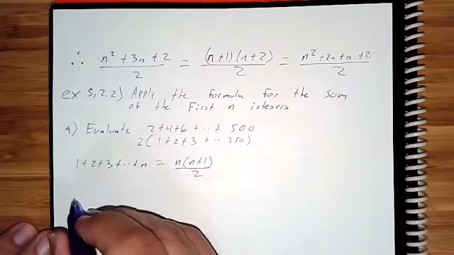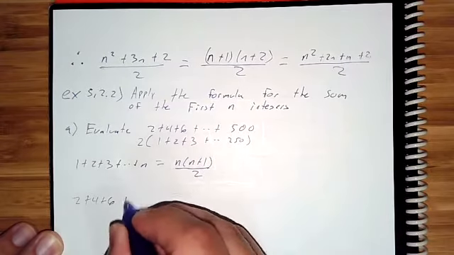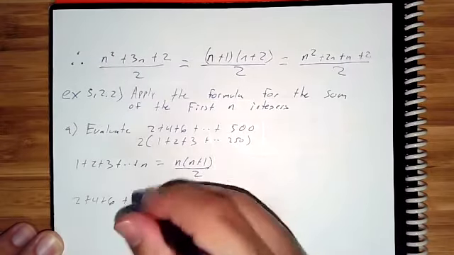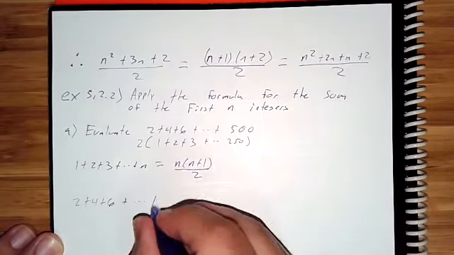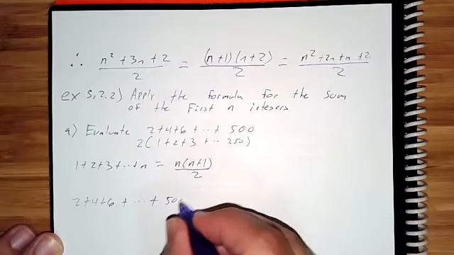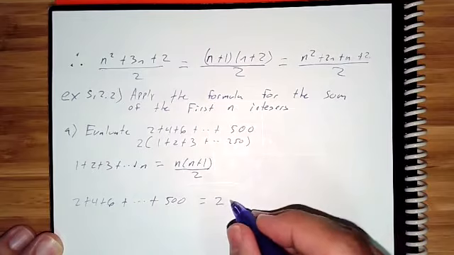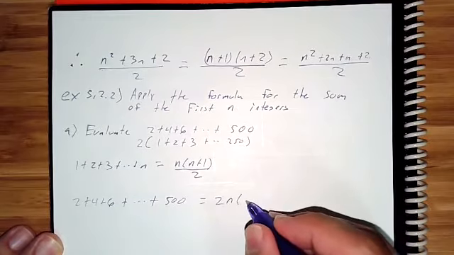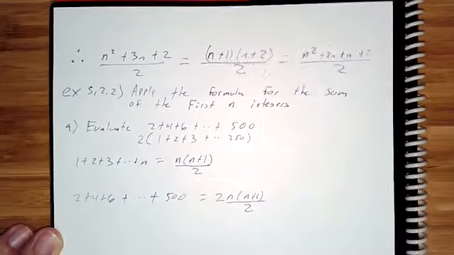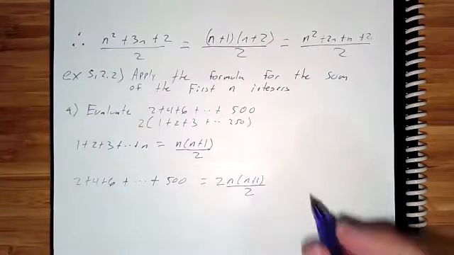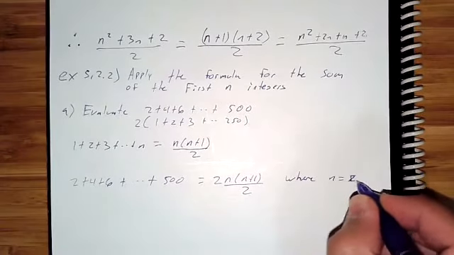So 2 plus 4 plus 6 plus all the way to the 500, right? That's our n. That's equal to 2 times this sum. But our n is 250.